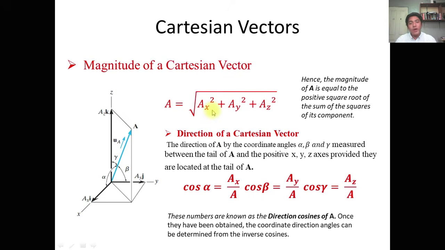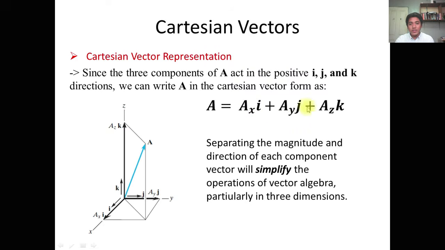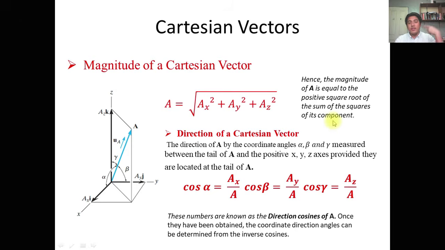A_x, A_y, A_z are the components, and i, j, k are their directions to indicate that this is a vector. But in getting the magnitude, we simply square the components, get the summation of the squares of the components, and take the square root of it. That is the magnitude of a Cartesian vector in 3D.